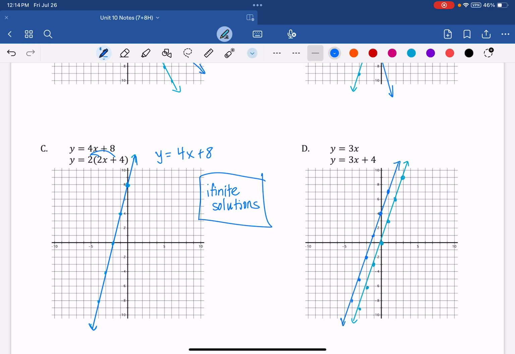Okay, so these lines are parallel, means they're never going to intersect, so there is no solution. Good luck.